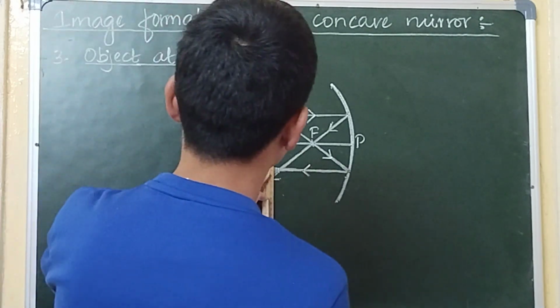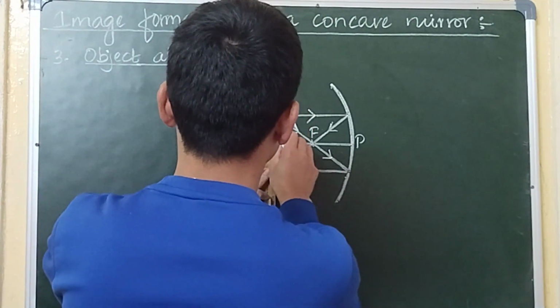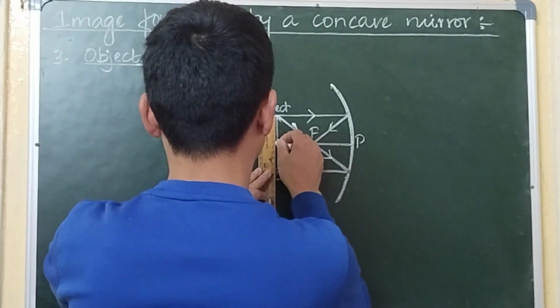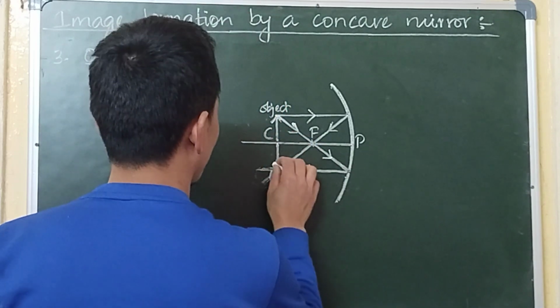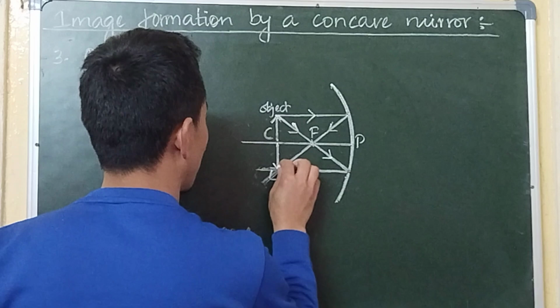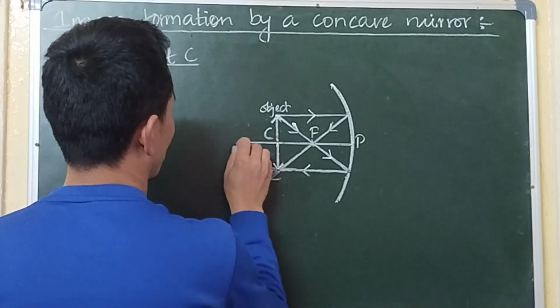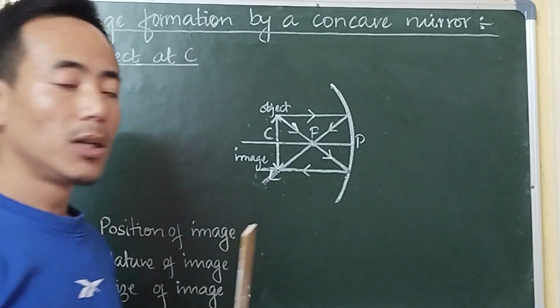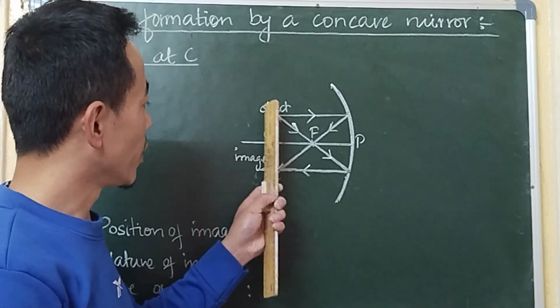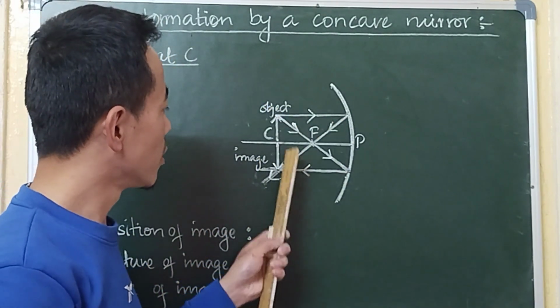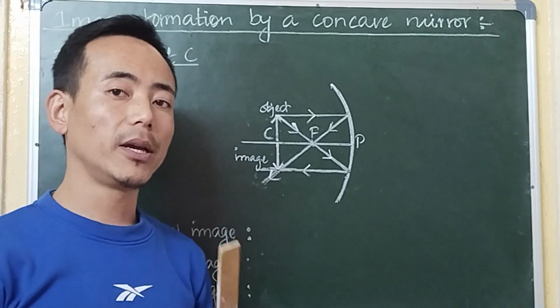We simply have to drop a perpendicular on the principal axis. From wherever the two reflected rays are intersecting, just drop a perpendicular on the principal axis, and that will become the image of the object here. So by following the rules, we have used two rules, and we have obtained the image here.